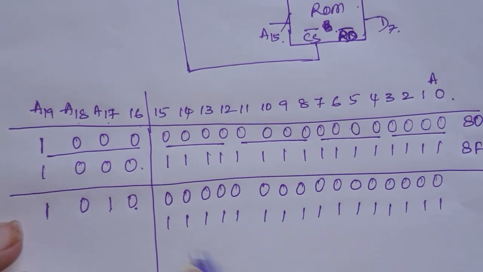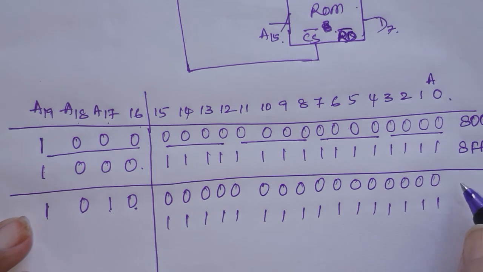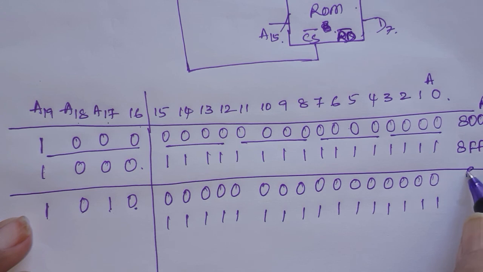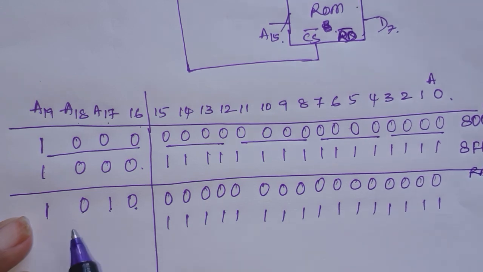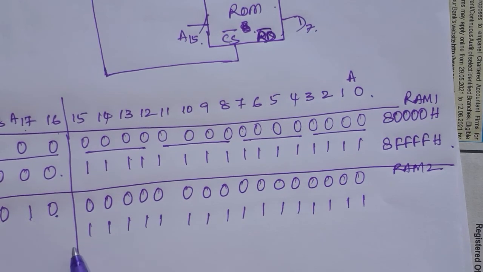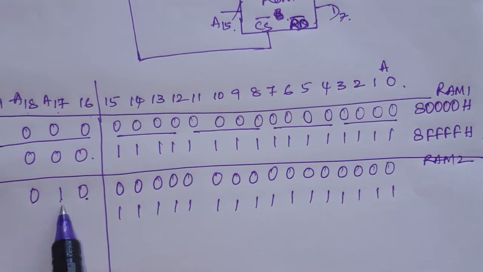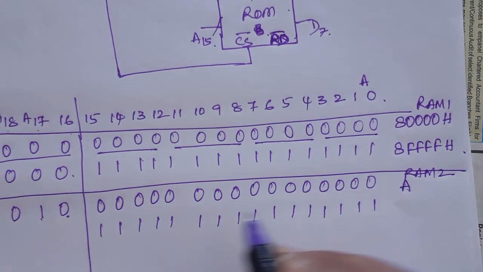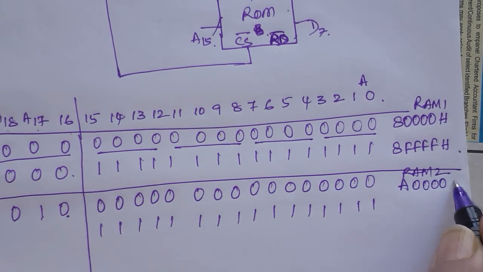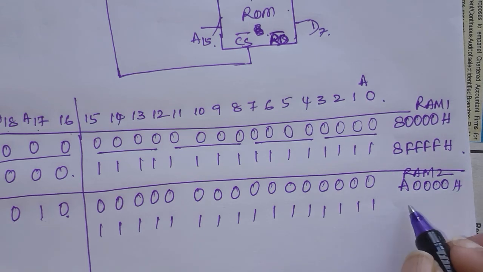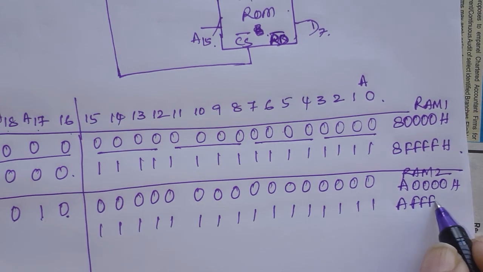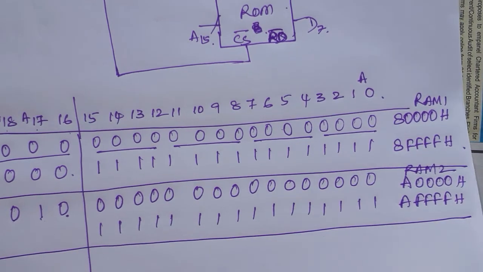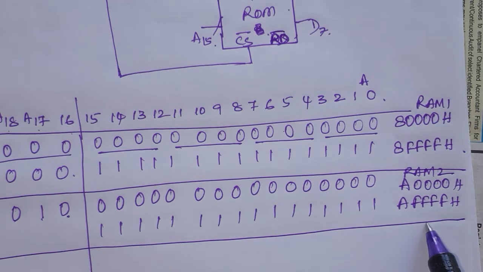So for the RAM 2 chip, what is the start address? This is 1010, that means A0000H, and the end address is AFFFH. So this is the address range of the RAM 2 chip.